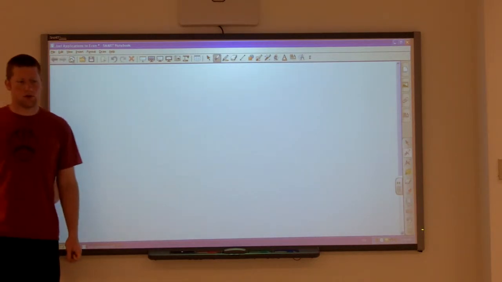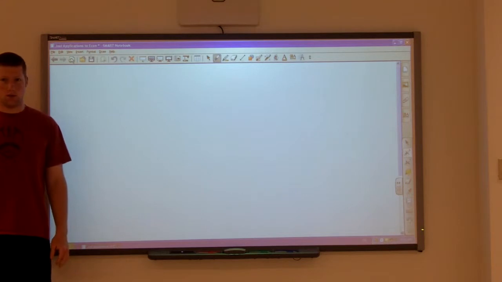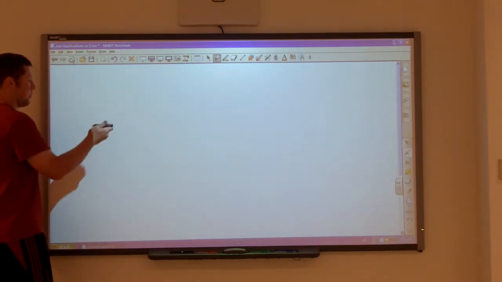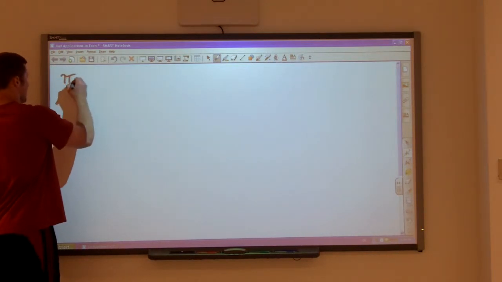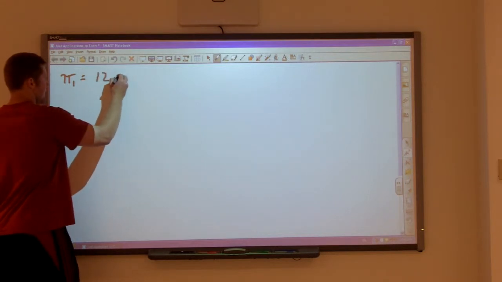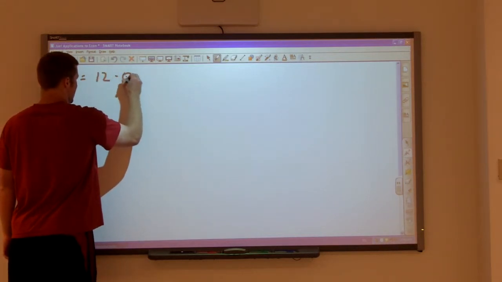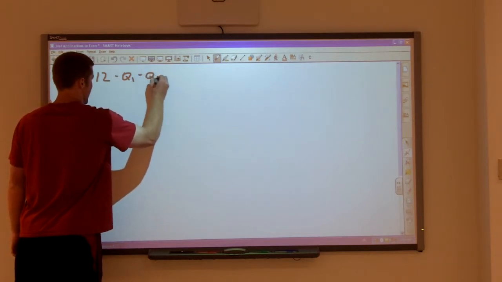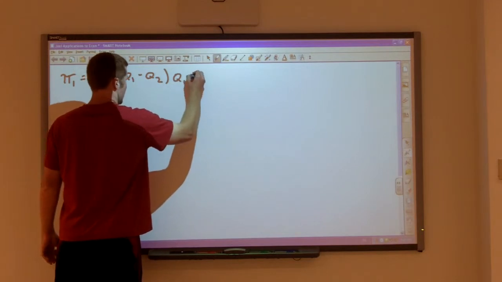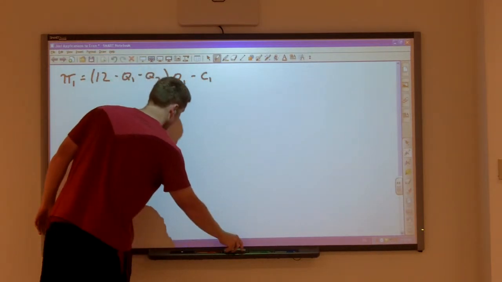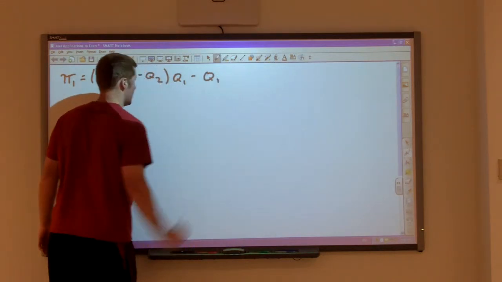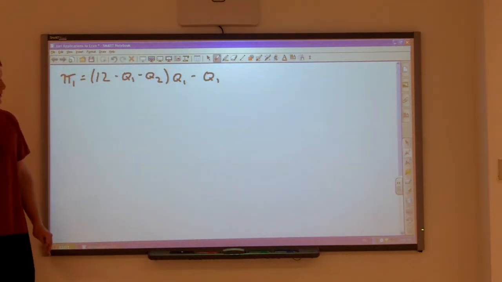In order to do that, we're going to look at the profit functions and try to maximize them with respect to each firm's quantity. Let's do it for firm 1 first. If we rewrite their profit function, that's their profit function.